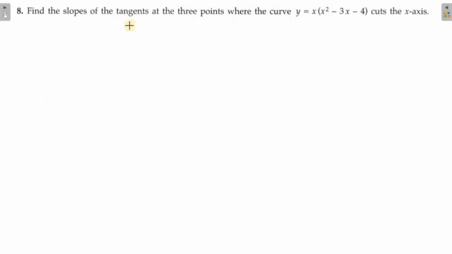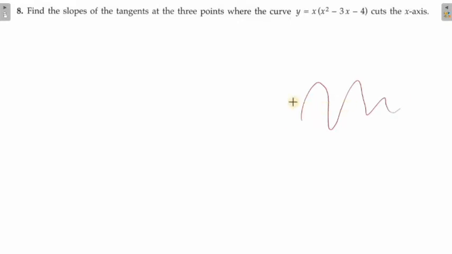The next question, try to understand what the question is saying. Find the slopes of the tangent at 3 points where the curve cuts the x-axis. Try to understand what is happening here. This is some random curve. I don't know how it looks, somewhat like this, let's say.